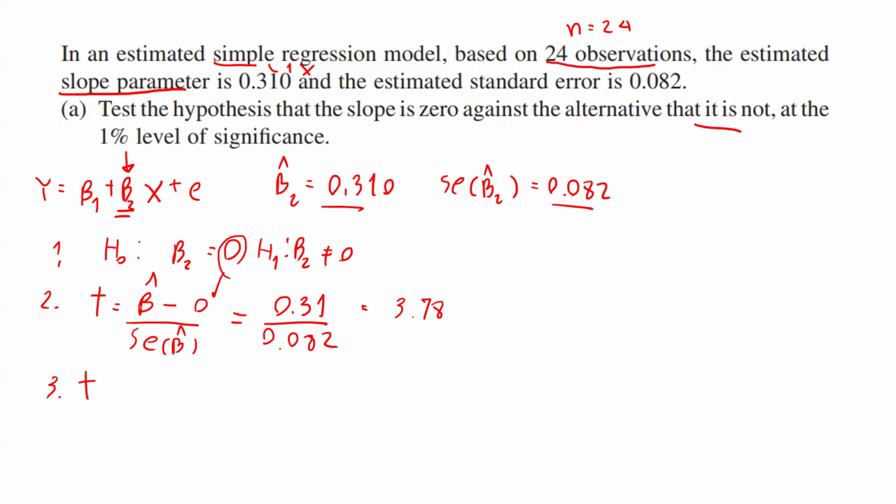Third step, you have to open the T table. Two tail, right? So you have to open T at 5% and n minus 2 degrees of freedom.